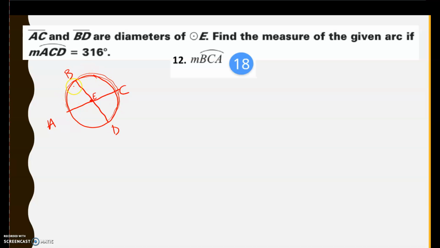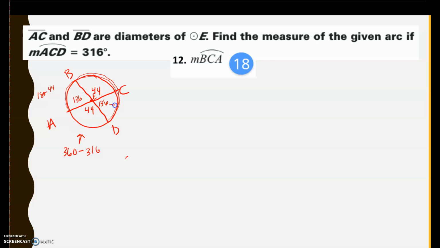Well, if all together it equals 360, that means my little arc of AD is going to be 360 minus 316, which is 44. If that guy's 44, vertical angle tells us this guy is 44. And because AC is a diameter, I can do 180 minus 44, and that leaves me with 136. And over here is also going to be 136.